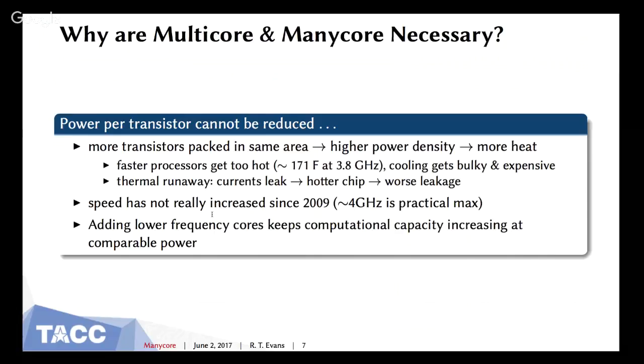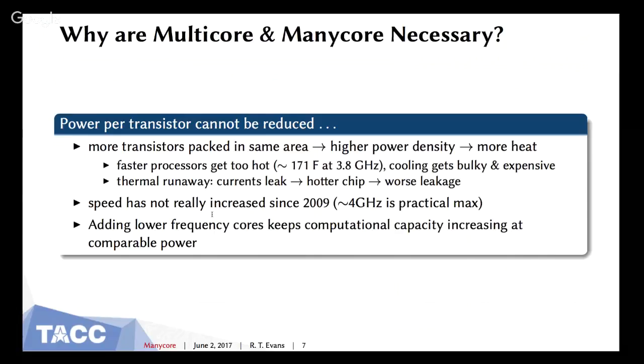And so what's been happening for the past almost 10 years now is instead of making every new processor with the same number of cores, faster cores, the chip developers have decided to make more cores, to use this silicon real estate to add more cores with the idea of, okay, I'm still adding performance to this chip, but instead of scaling up through frequency, I'm scaling out.